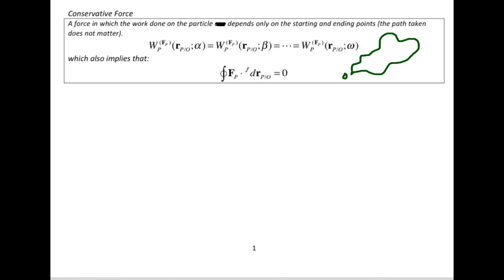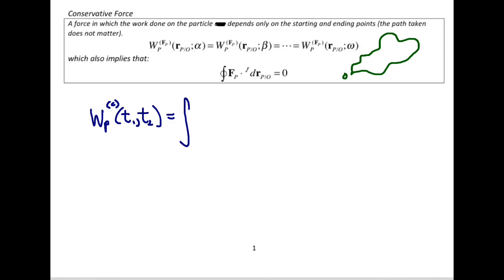So let's define our work done by a conservative force on particle P as W sub P, and the superscript is going to be a C for conservative force. This is going to be the work from time 1 to time 2, and this will be equal to the integral. Now we don't need to integrate along the entire path, it's only from position to position.